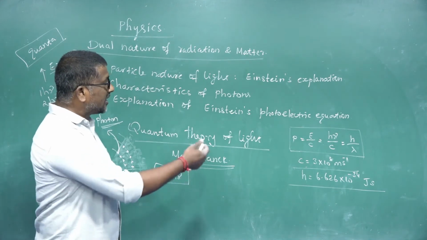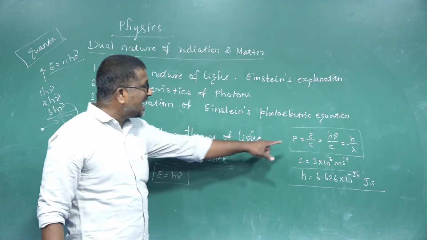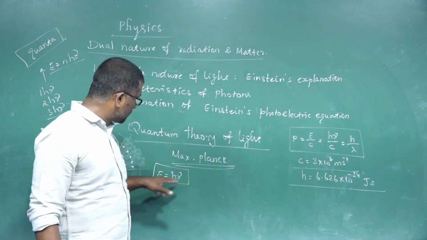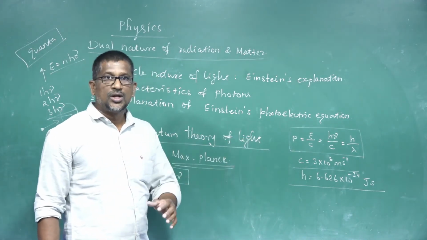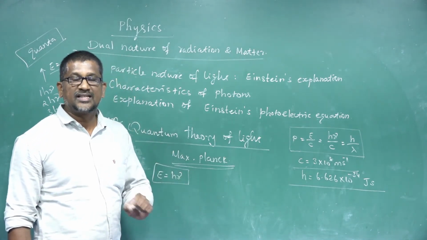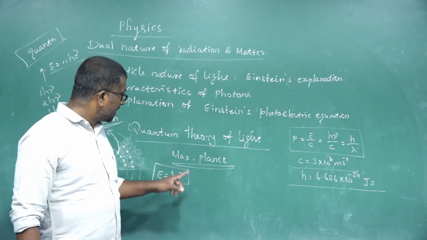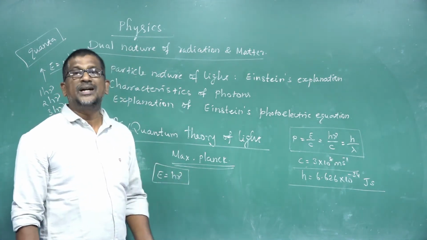Right. So here the photon possesses both energy and linear momentum. The photon possesses energy and momentum, so the photon behaves like a particle, right? So these are the suggestions given by Albert Einstein.